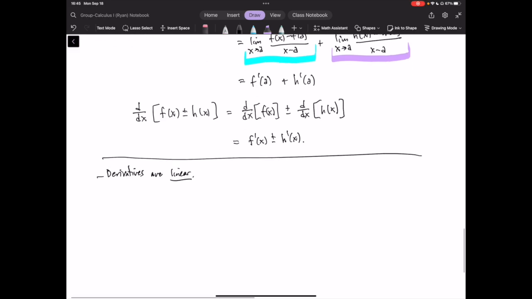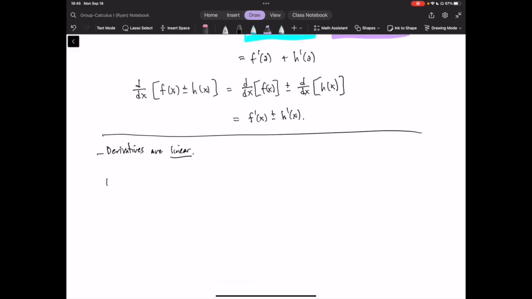All right, let's do just one example of this, and then we've got a couple of trig examples that we should do. Let's say f of x is equal to 3x squared minus 9x plus, say, 14 square roots of x. We want to take the derivative of this. This is our goal. Based on these properties of linearity, I'm going to write this in two ways.